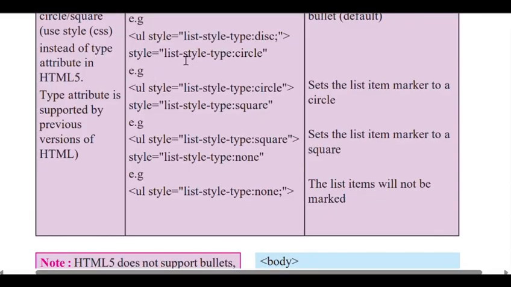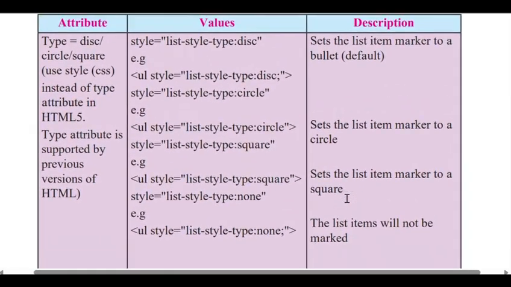Style is equal to list-style-type: circle sets the list item marker to a circle. Then another, list-style-type: square, sets the list item marker to a square. UL style is equal to list-style-type: none means the list item will not be marked. The list will come, but there will be no symbol.